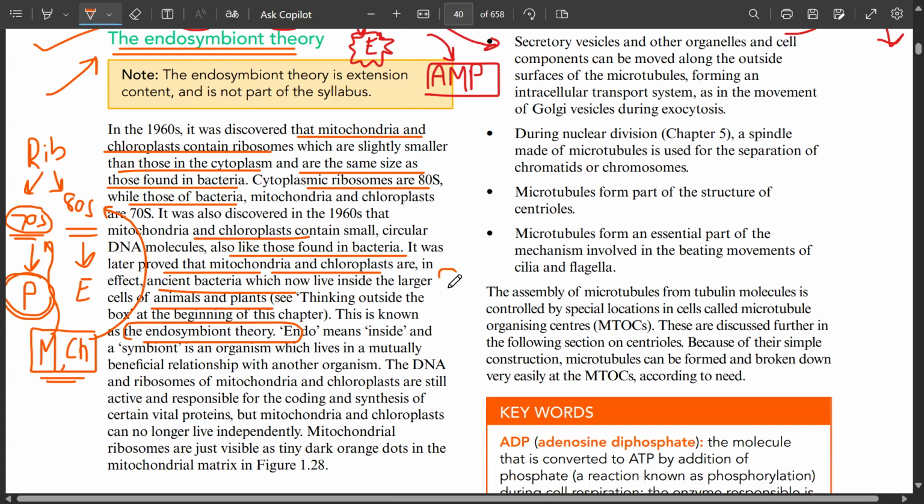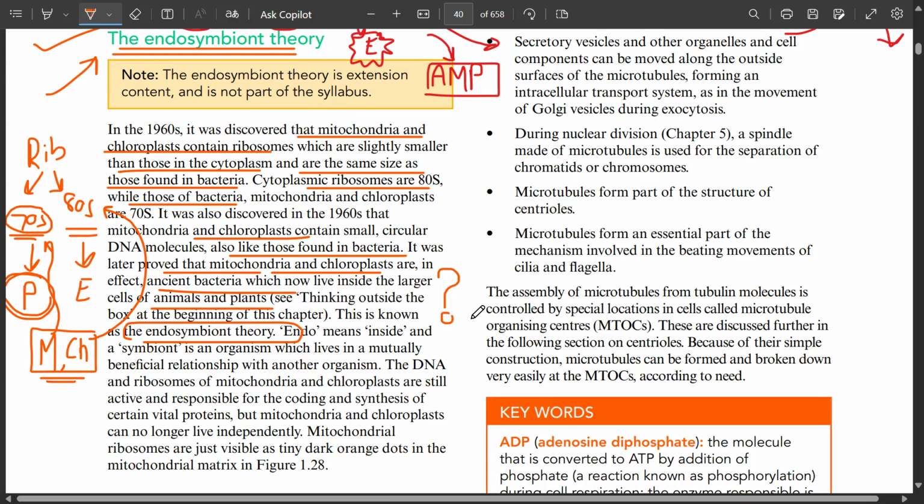So can you tell me what you have understood from the endosymbiont theory? That mitochondria and chloroplasts evolved from prokaryotes. And how do we know that they actually evolved from prokaryotes?